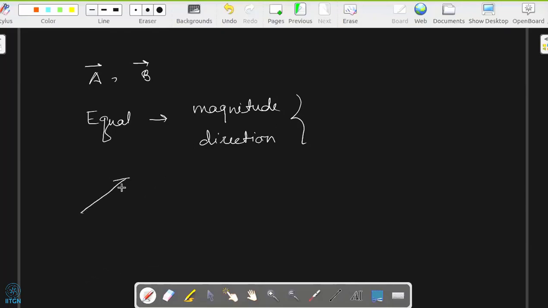If we make a parallel copy of vector A with the same magnitude, translating it anywhere, it will still be an equal vector, because it satisfies the criteria of the same magnitude and the same direction. So a parallel translation of a vector is not going to make any difference.